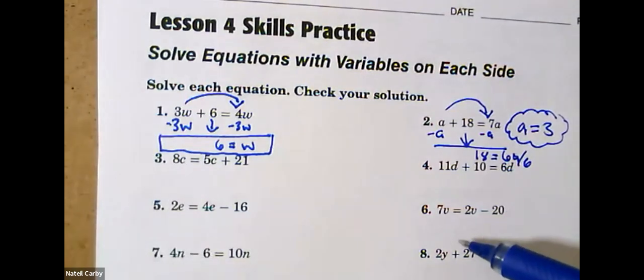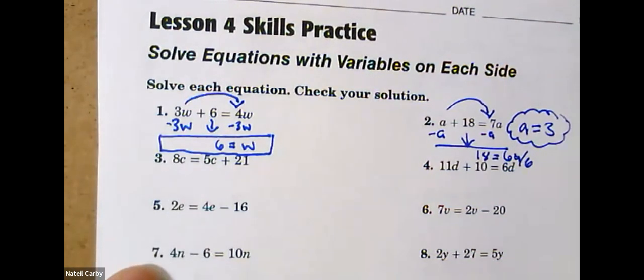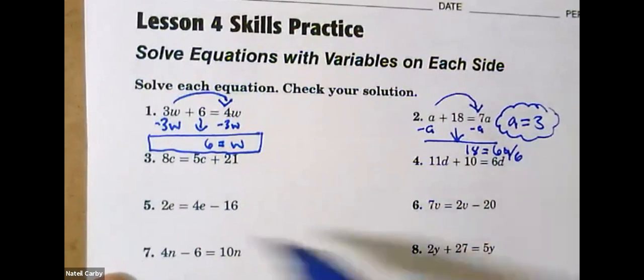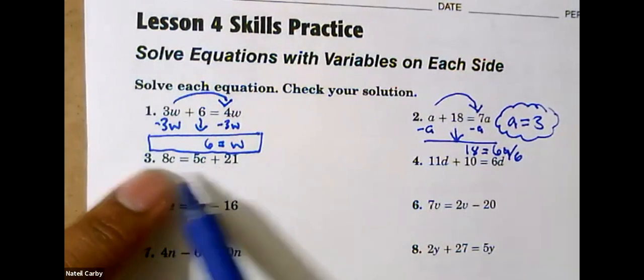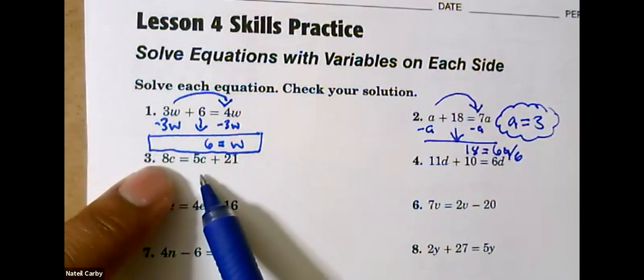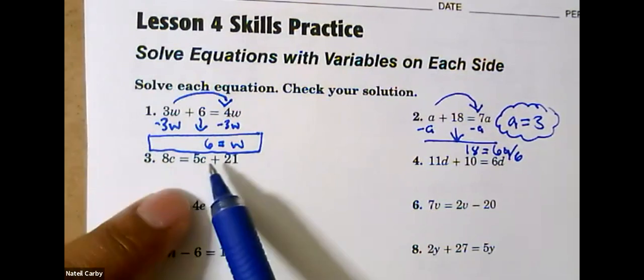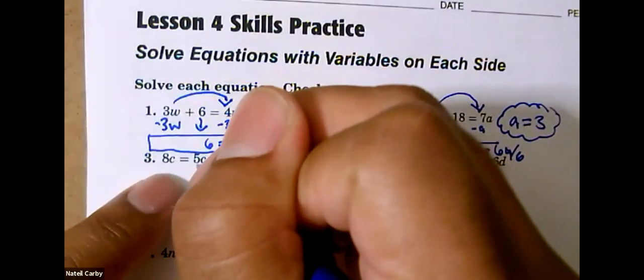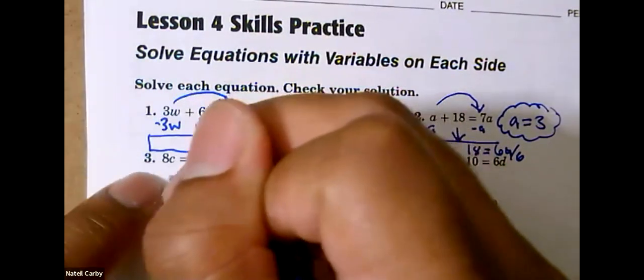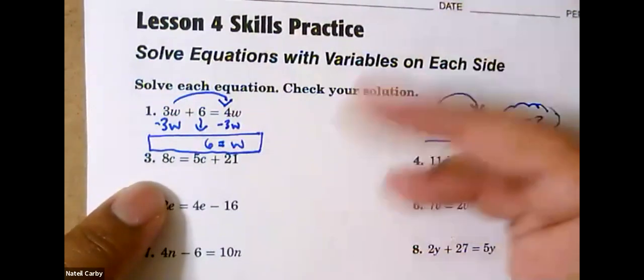Let's do one more of these easy ones. Let's move to number 3. Same thing, look at your variables. I've got a 5C and an 8C. 5C is smaller, so I want to move my 5C over to the 8C. How do I do that? You do the opposite.